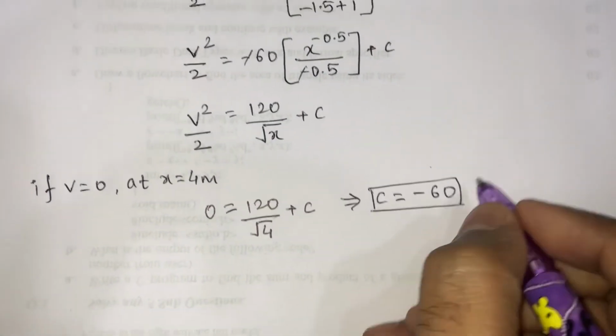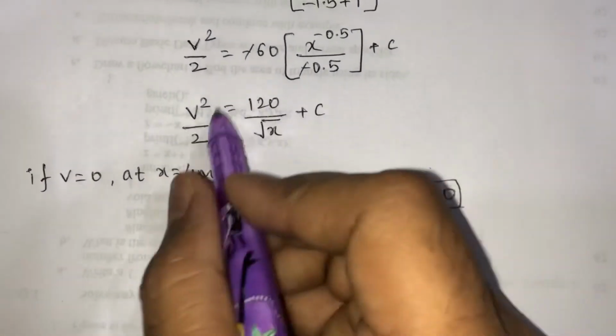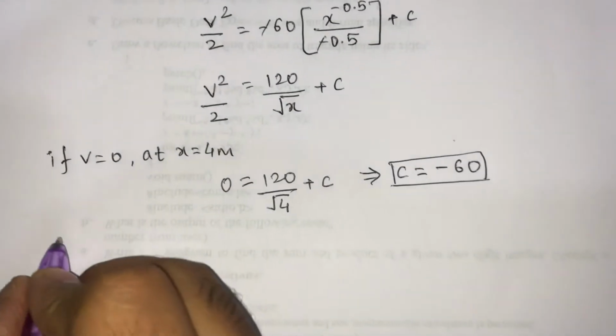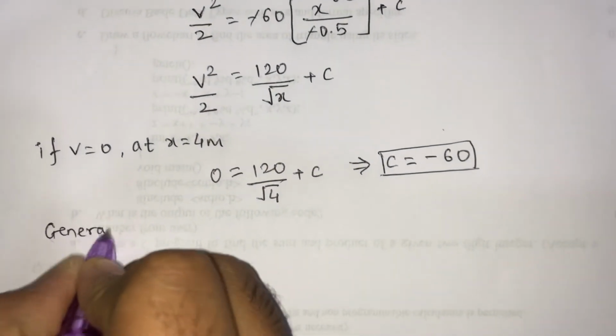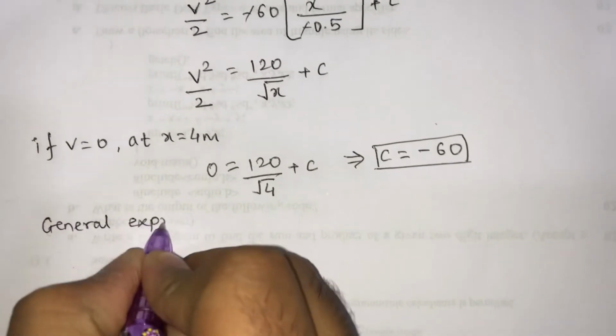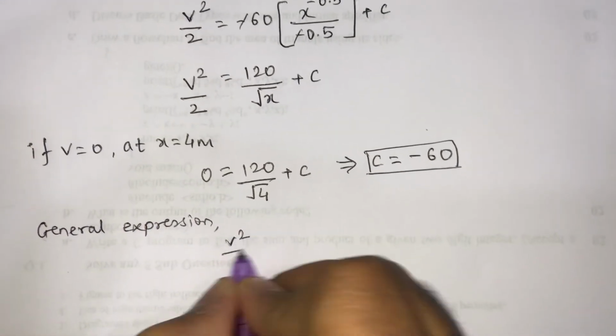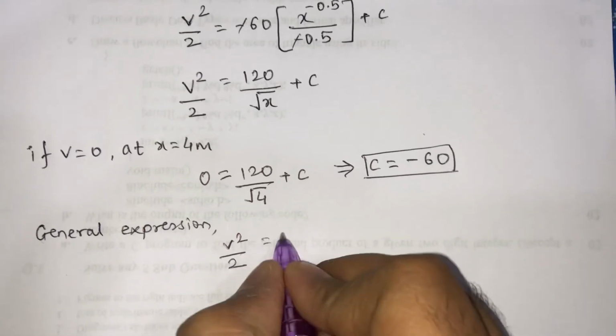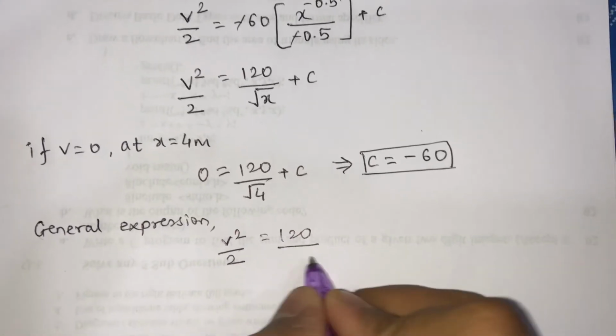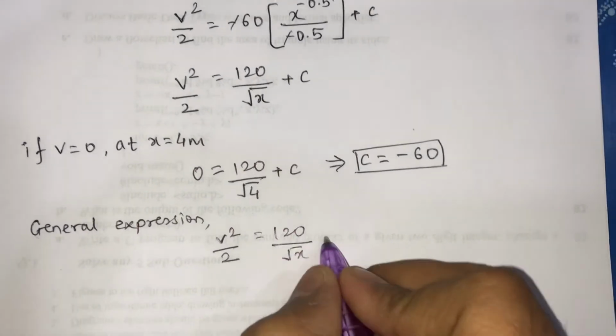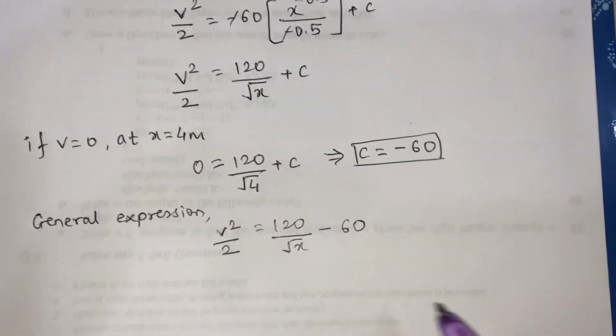Now if I substitute this value in the equation, the general expression I'll be getting is v square by 2 equals 120 by root x minus 60.